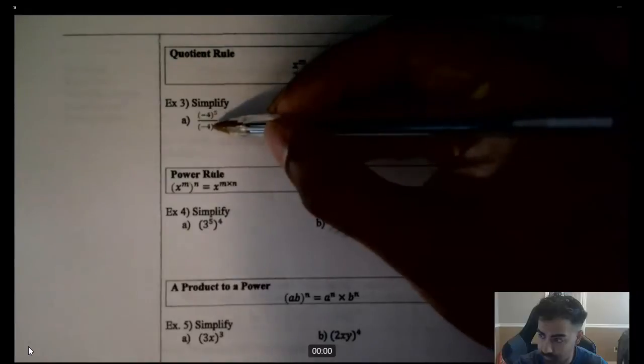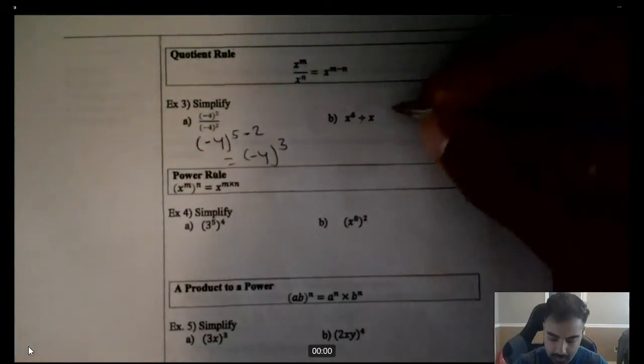Here negative 4 is the base, to the power of 5, divided by negative 4 to the power of 2. So we write down the base, negative 4, to the power of 5 minus 2, which equals negative 4 to the power of 3, right? 5 minus 2.